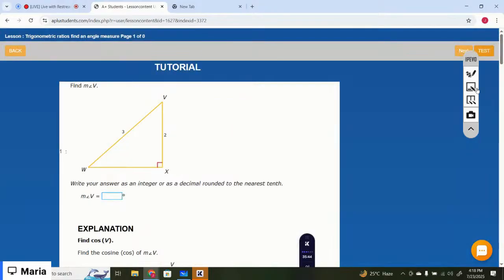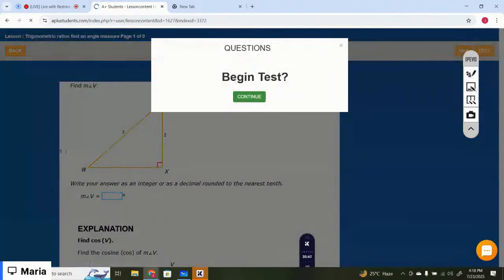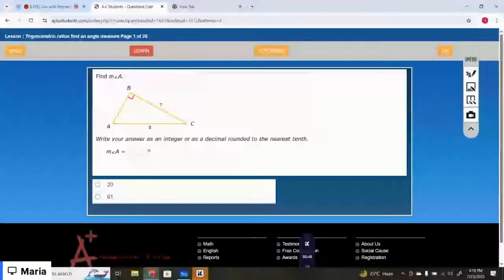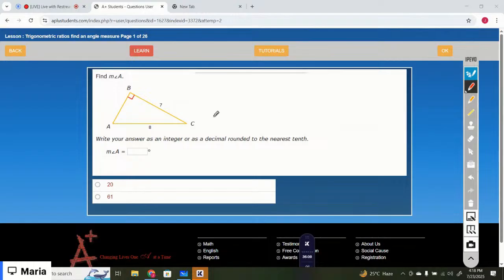Let's just start with the test questions. Find the measurement of angle A. We can go for sine of angle A. It would be opposite divided by hypotenuse.